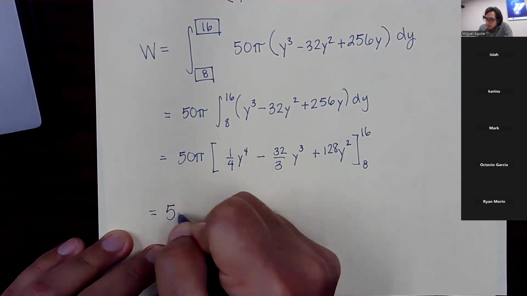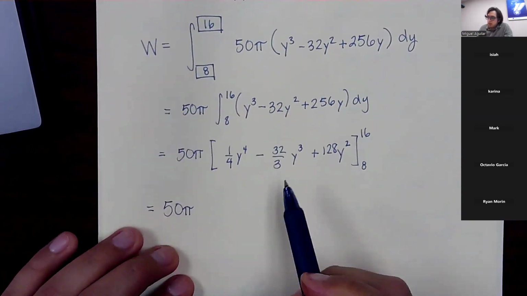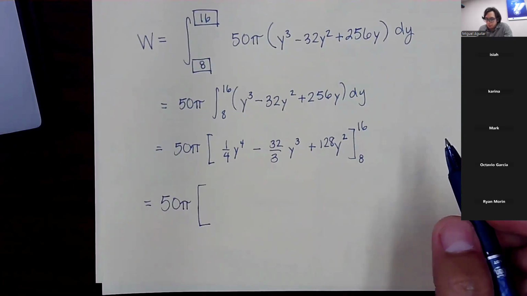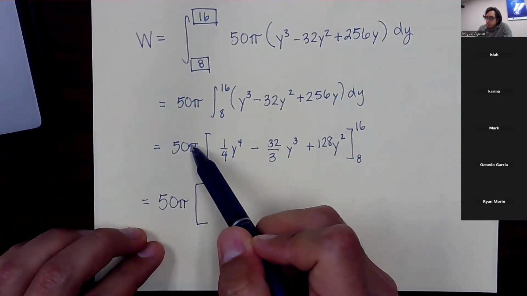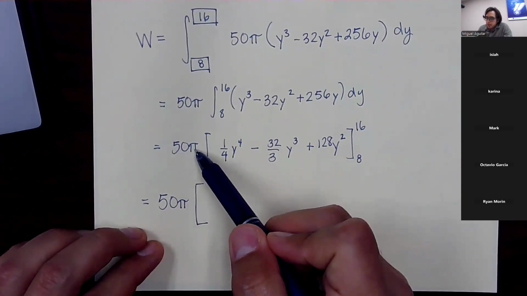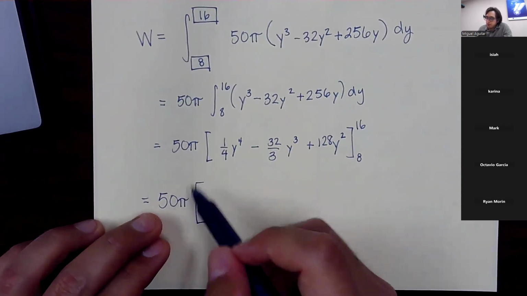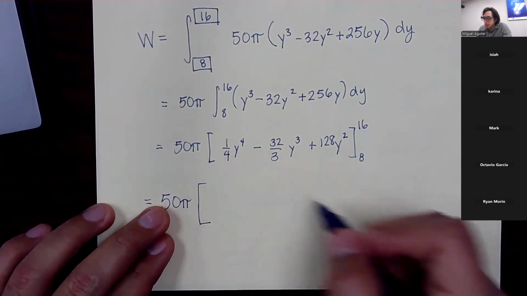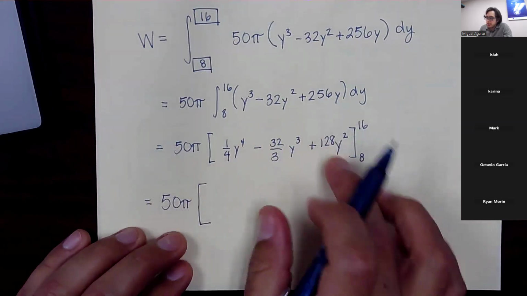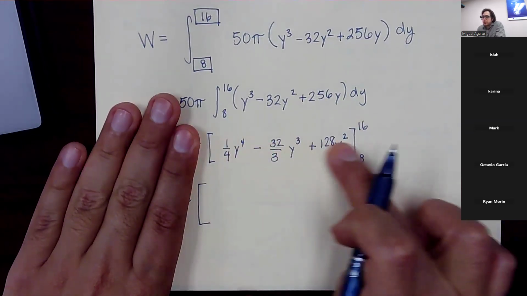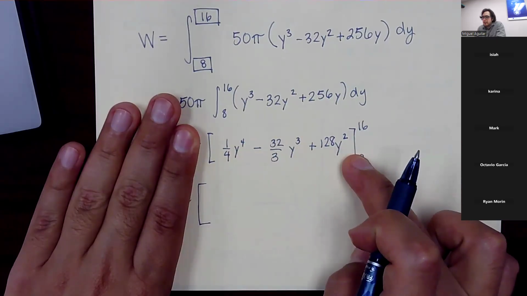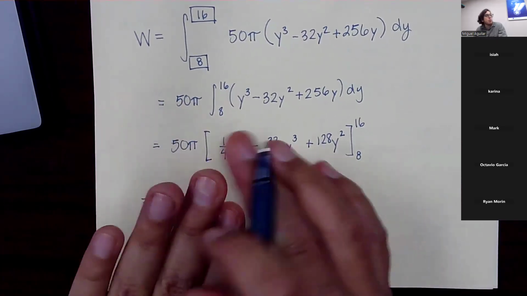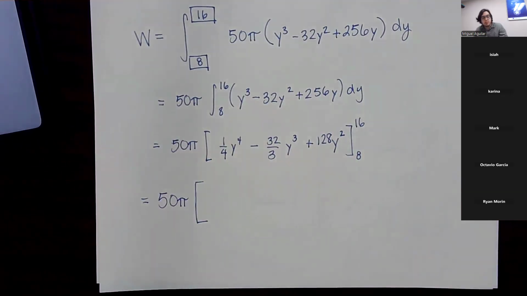So to make this a little bit easier, and you probably noticed that I did this on one of the earlier problems today, one of the easier problems. Because we factored out the 50 pi, I don't have to put 50 pi and then plug in the 16 and then minus the 50 pi again. I'm just going to integrate this stuff that I have in the brackets. And since both of them would have a factor of 50 pi, I can just multiply that 50 pi at the end. Okay.